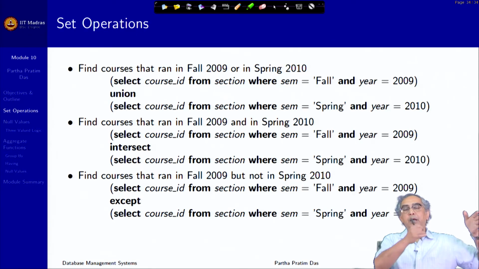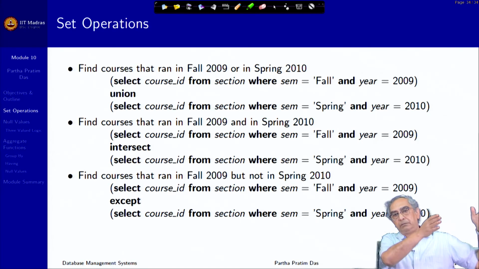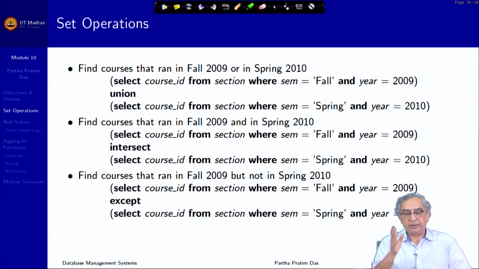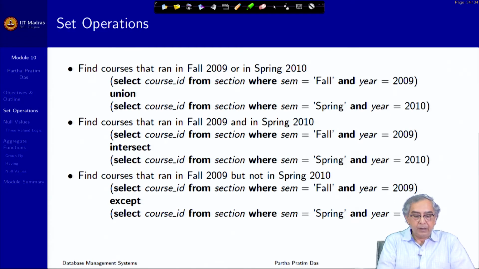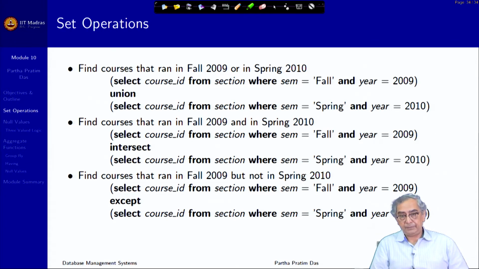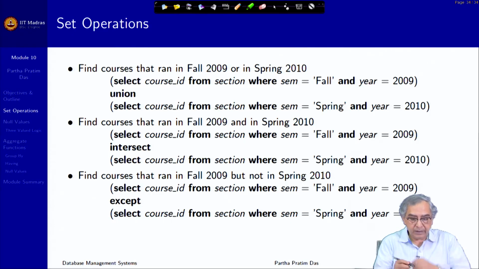We cannot take one relation having 3 attributes and another having 2 attributes and do a union, it does not make sense. More often, the set operation is done between two different derived forms of the same relation. So, let us see how.